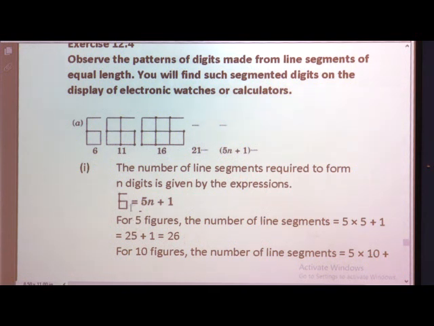If we want such a pattern 5 times, how many sticks or segments will be required to form a 5 times pattern like a 6? 26 segments are required.